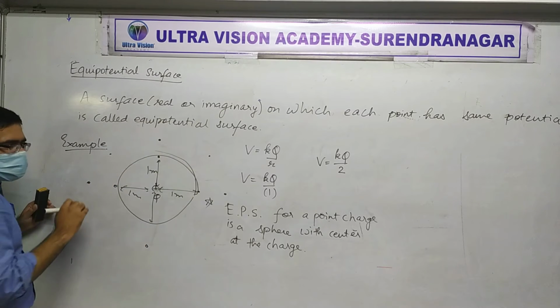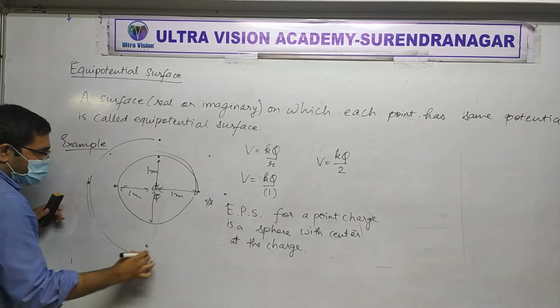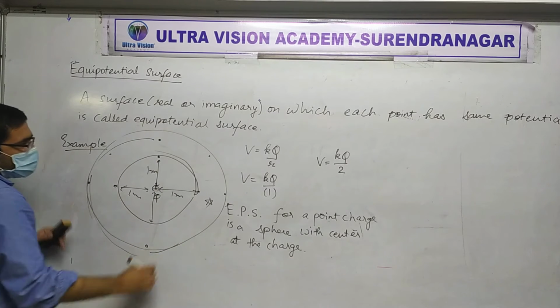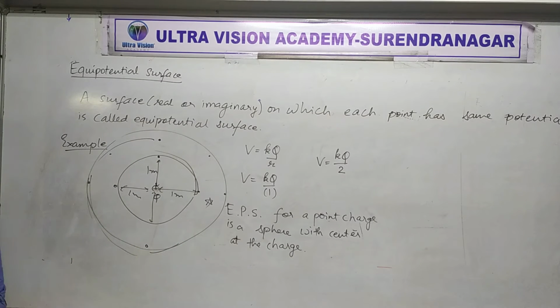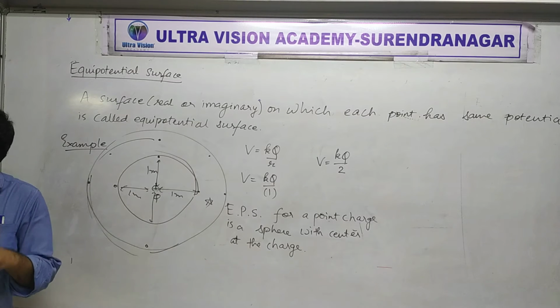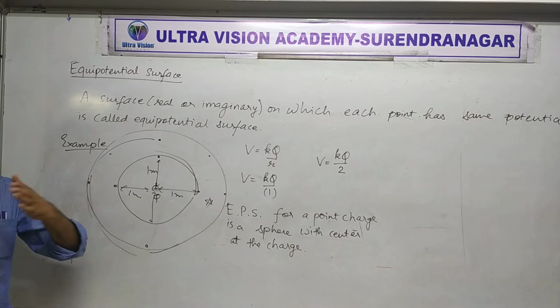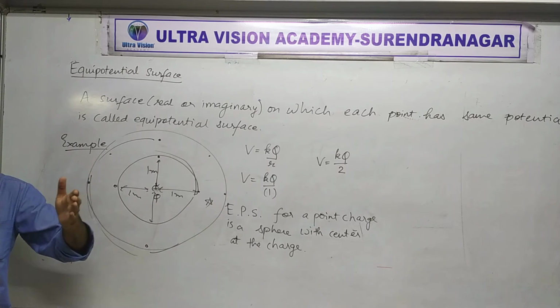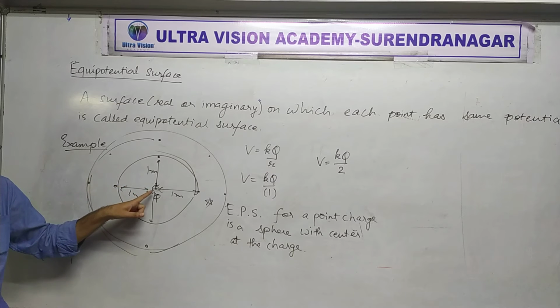Do you realize it will make another sphere? So for any point charge, every equipotential surface is a sphere. Different surfaces will have different radius. That's it. Center will always be at the charge. Got it?